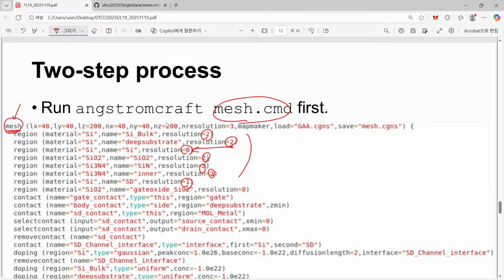If you introduce 1, it means that we are now trying to introduce 2 nanometer spacing for this region. And 2 means that we are trying to make a 4 nanometer spacing for our structure. That's the reason why our structure should be multiples of the number 4. Okay, anyway, good job.